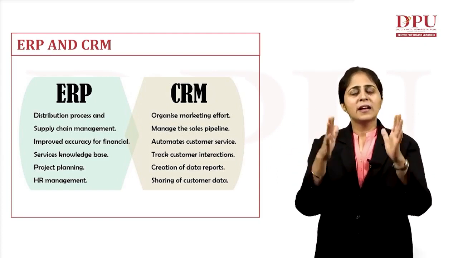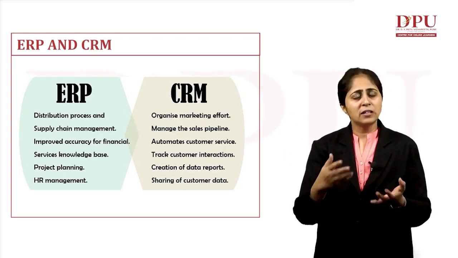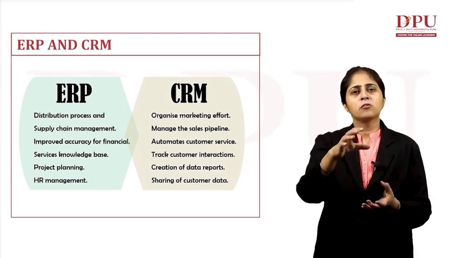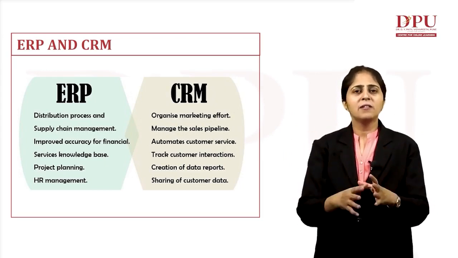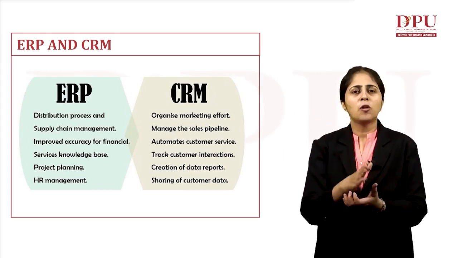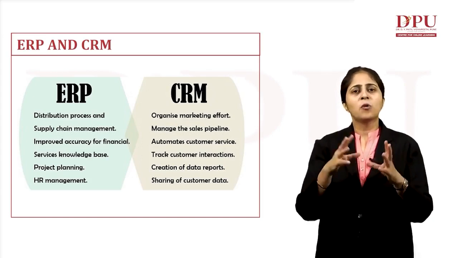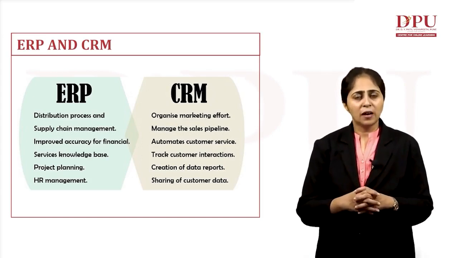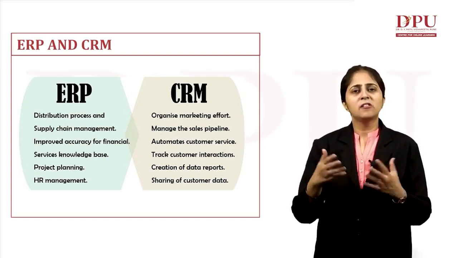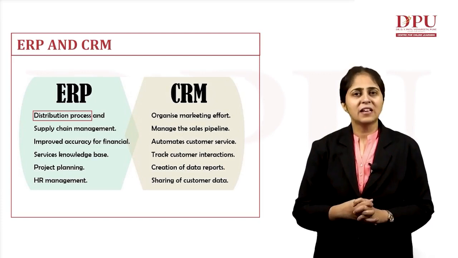It stores the data at a central place so that whoever in the company wants to retrieve the data can retrieve it from there, and everyone has the same view of data at one point in time. That is what the ERP system does. It helps us in better distribution of the data. Then we have understood about CRM.